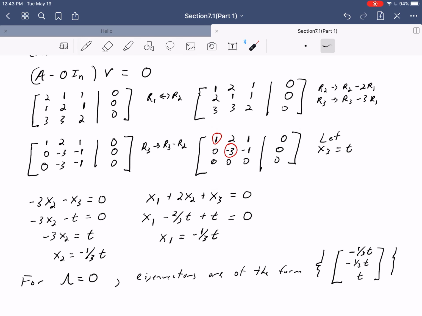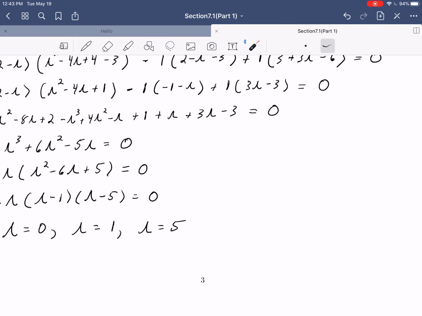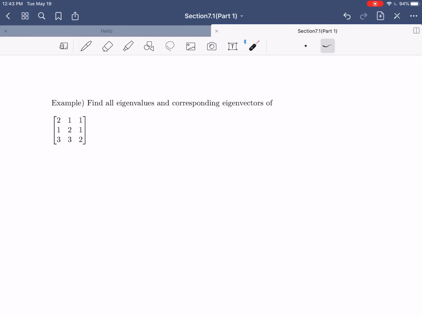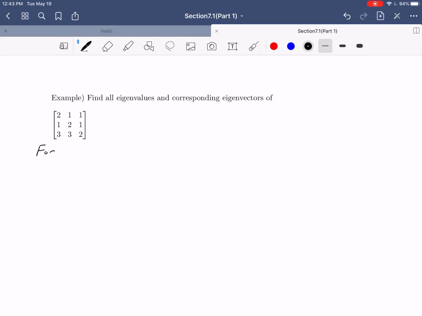All right, now we have to go do our other eigenvalues, right? So we had lambda equals 1 and lambda equals 5, so let's go ahead and do those. We'll need a little bit more room. For lambda equals 1, we need to solve the equation (A - 1I)v = 0.